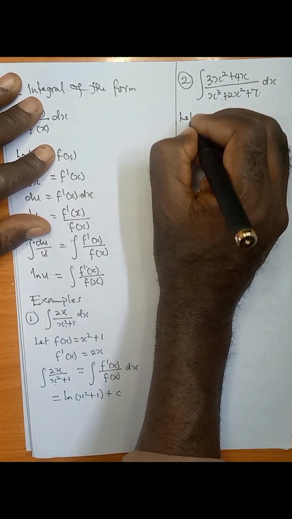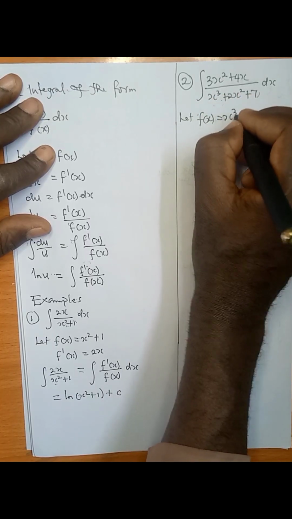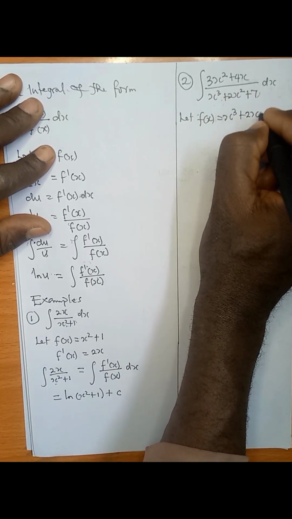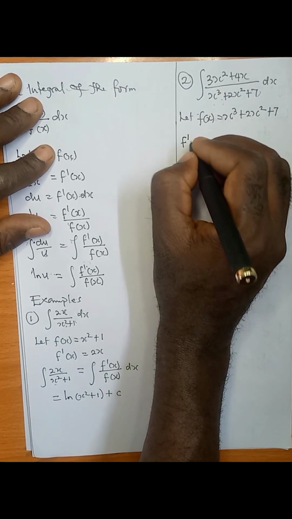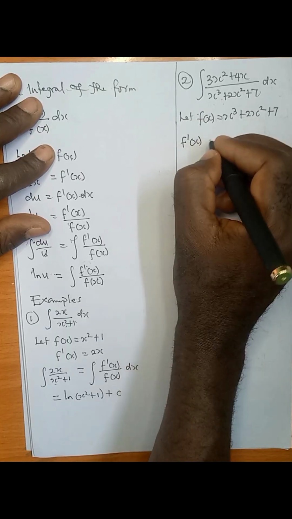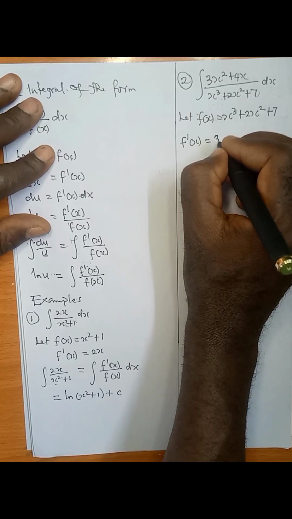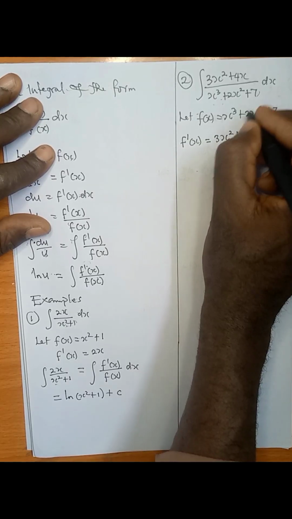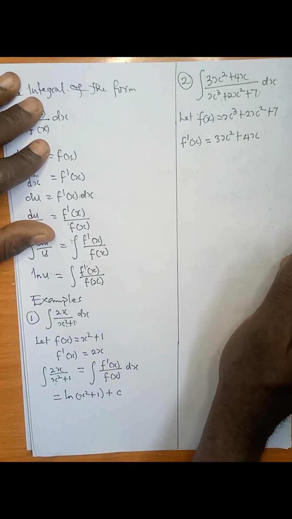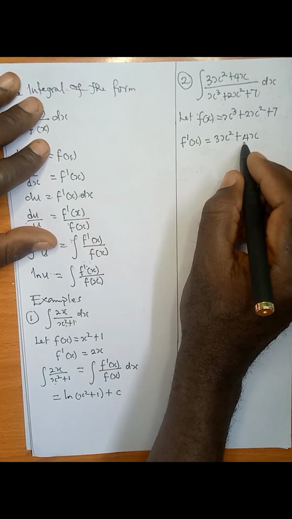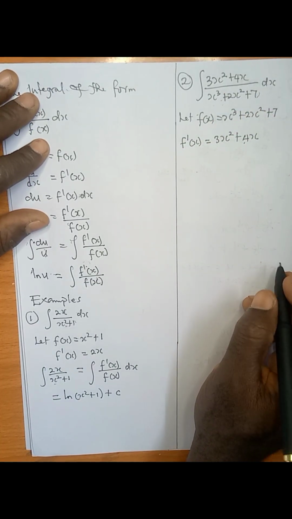Now, we say let f of x be equal to x cubed plus 2x squared plus 7. Then when we differentiate, f prime of x, this will be 3x squared plus 4x. When we differentiate a constant, it's 0. We find out that our differentiation gives exactly what the numerator is.